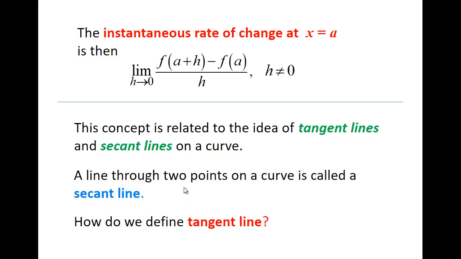A secant line to the graph of a function is basically a line through 2 points on that graph. The question now is, how do I define the tangent line to the graph of a function at a given point? Or more importantly, how do I define the slope of the tangent line at a given point?